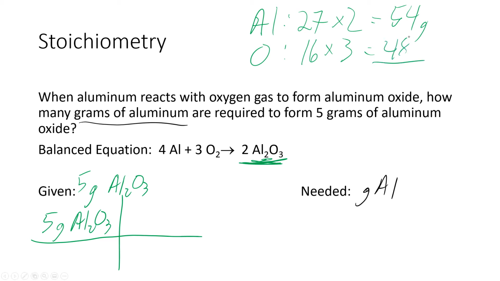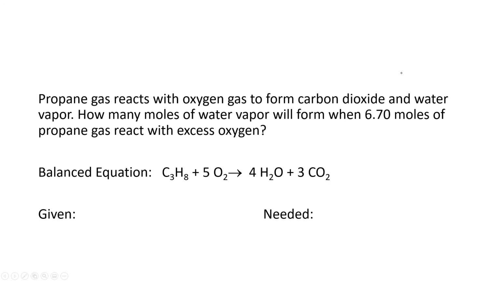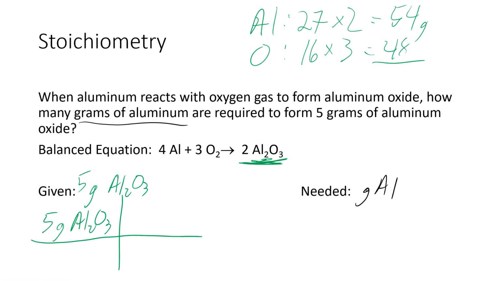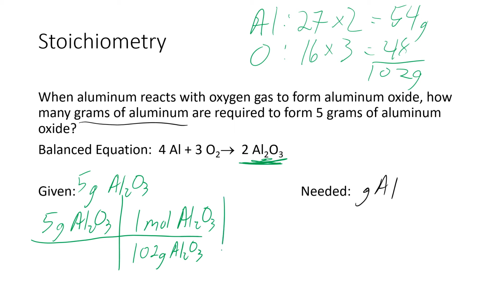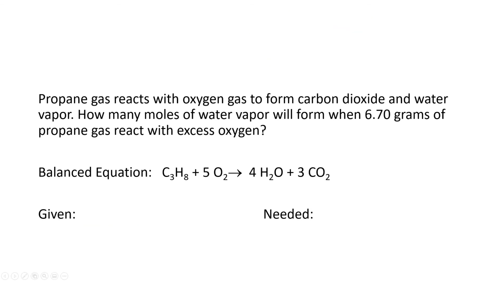And then we're going to add those up, and we're going to get 102 grams. So we want the 102 grams in the bottom. And that's how many grams there are in 1 mole of Al2O3, because we used the periodic table.